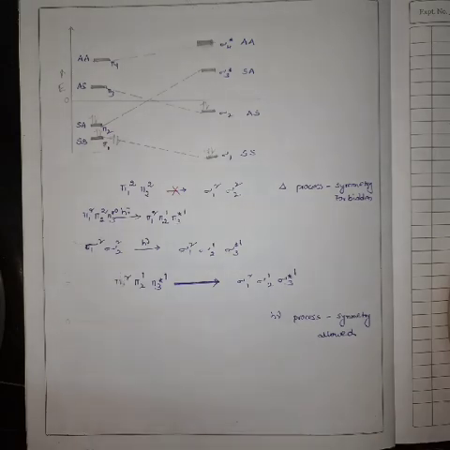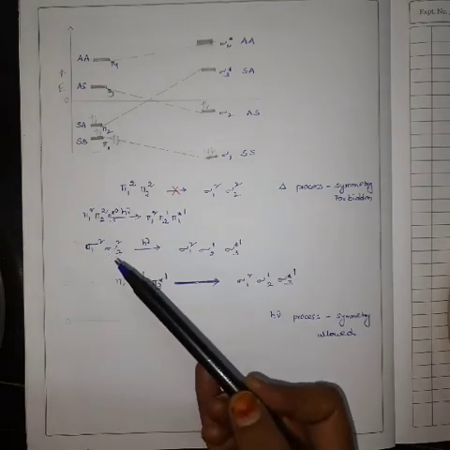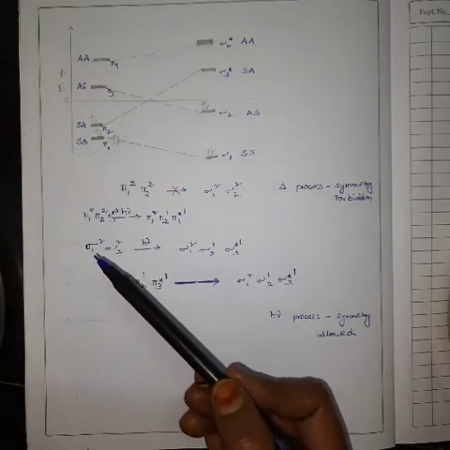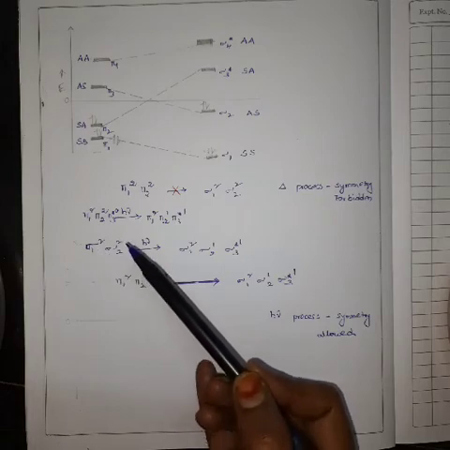This is the electron configuration of ground state orbitals in reactants, that is sigma 1 2 and sigma 2 2.